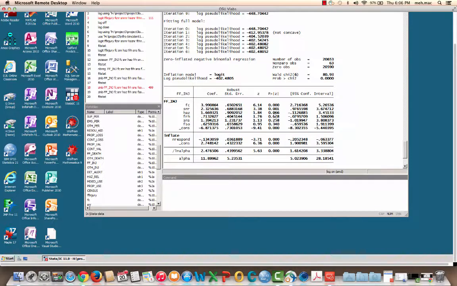These are less than 0.10, so essentially they're significant at the 0.05 level with a single tail test. Anything less than 0.10 is significant at 0.05 with a one tail test.